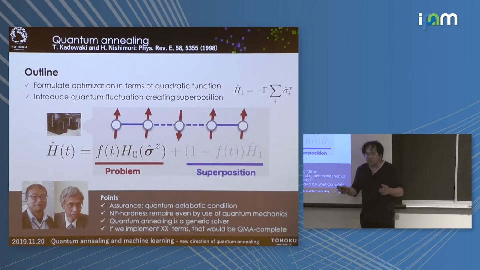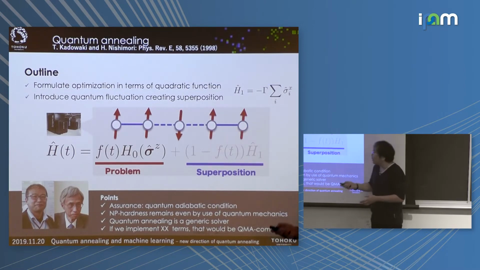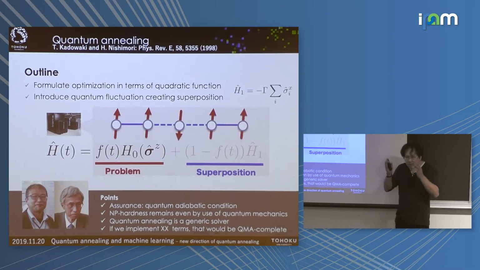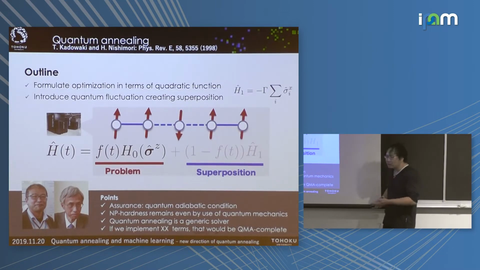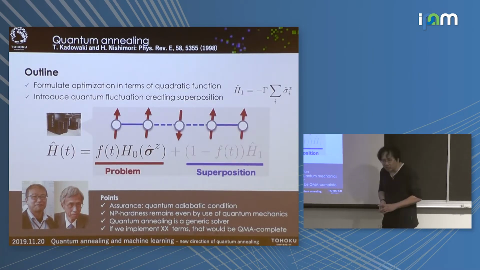If you use quantum Monte Carlo simulation for these quantum systems, we consider a path integral formulation, and then you encounter the negative sign problem. Therefore, you can't simulate these antiferromagnetic XX interactions efficiently.